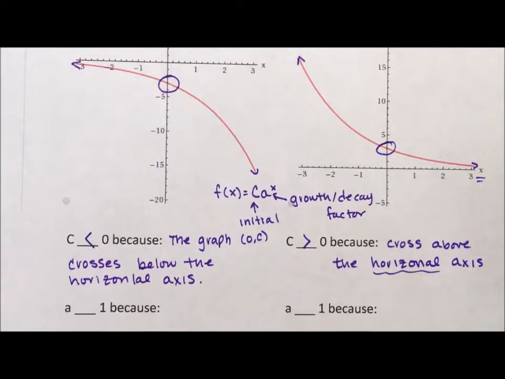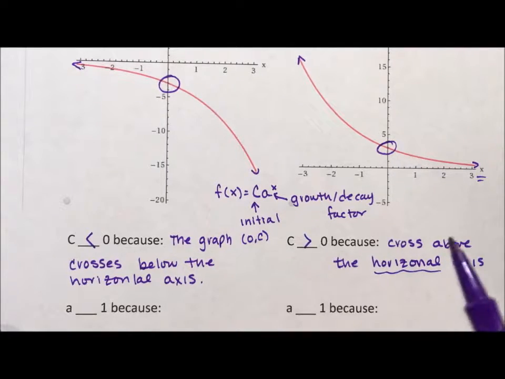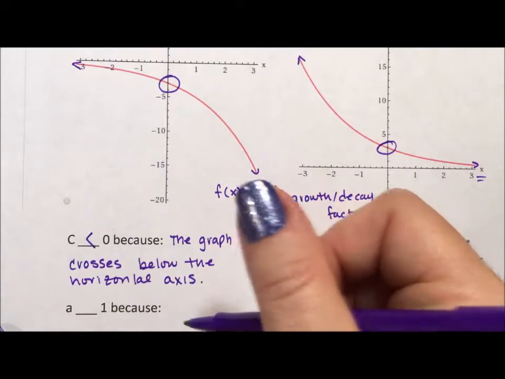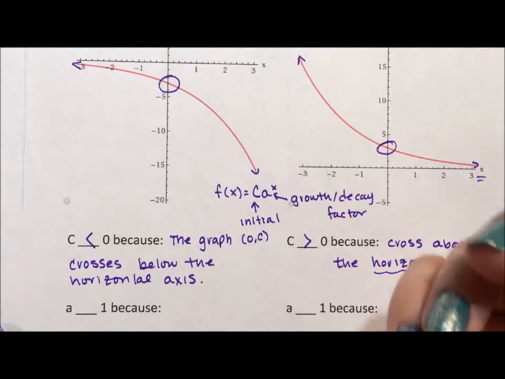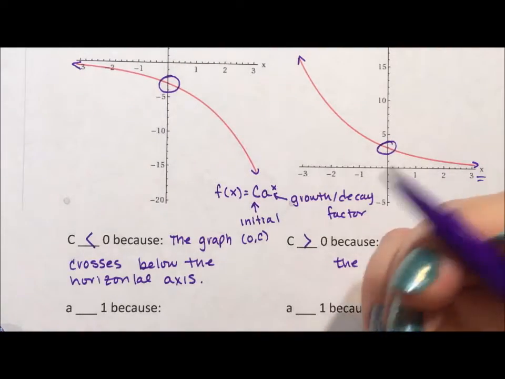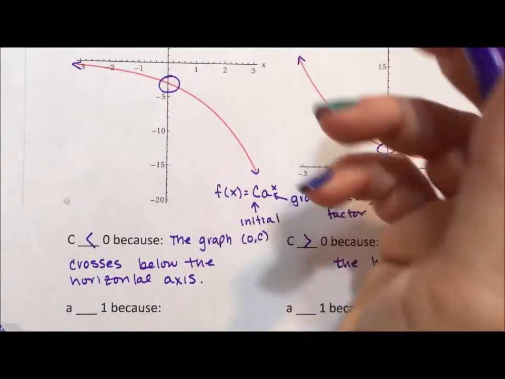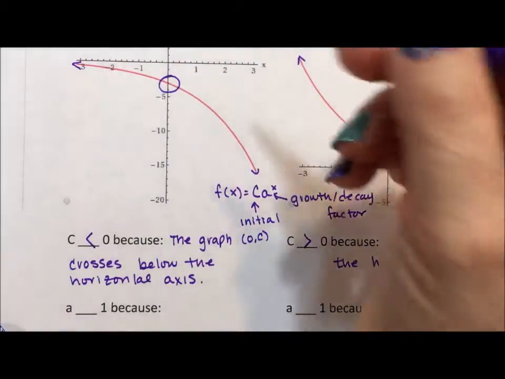Okay. So the next thing we want to talk about is a. A is our growth or decay factor. We need to figure out if it's greater than 1, it's growth. If it's less than 1, it's decay, generally. But when it's above the x-axis, I guess below it doesn't work the same way.